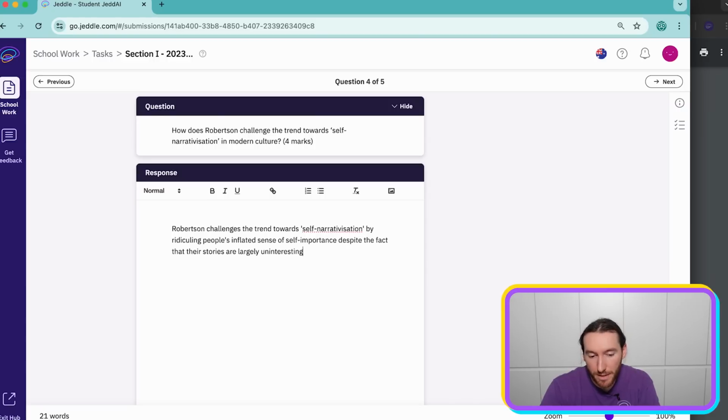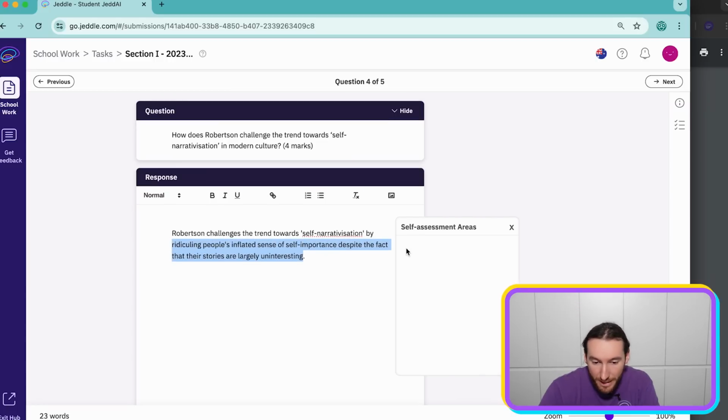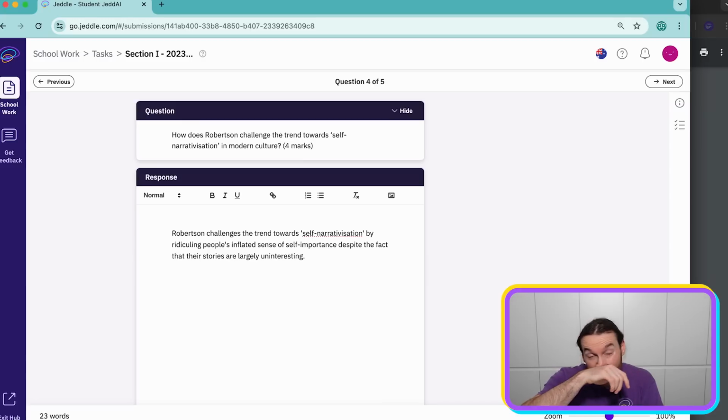That's what I get from the gist of it. I've clearly answered how does he challenge the trend? Well, he challenges it by ridiculing. He's ridiculing people's inflated sense of self-importance despite the fact that their stories are largely uninteresting. No one cares about your stories, okay? So that's the topic sentence that we'll go with.